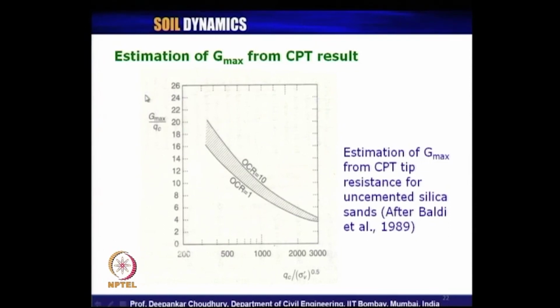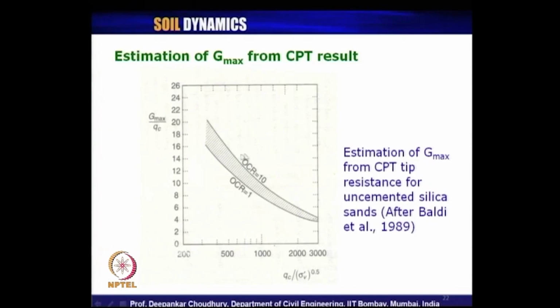So, when you are getting in literature this kind of non-dimensionalized results, they are much better than the equations which are involved with dimensions. And in the other x axis, it is QC by sigma v dash to the power 0.5.